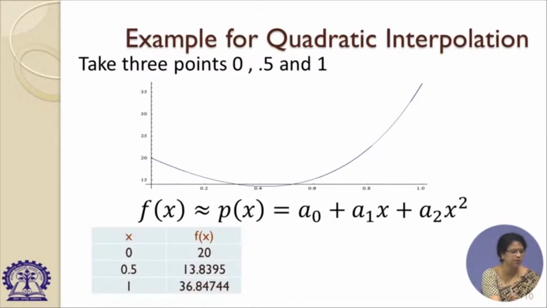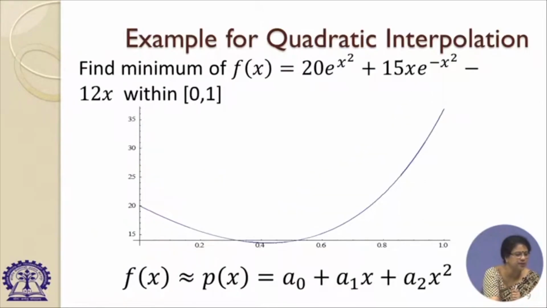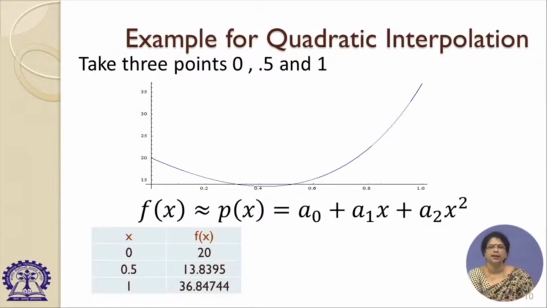Let us see what the values for A0, A1, A2 are, but you need to know the algorithm for this function as well. By considering 3 points, 0 to 1 is the initial interval of uncertainty. That is 0, 1 and 0.5. If we consider these 3, you see the functional values there.